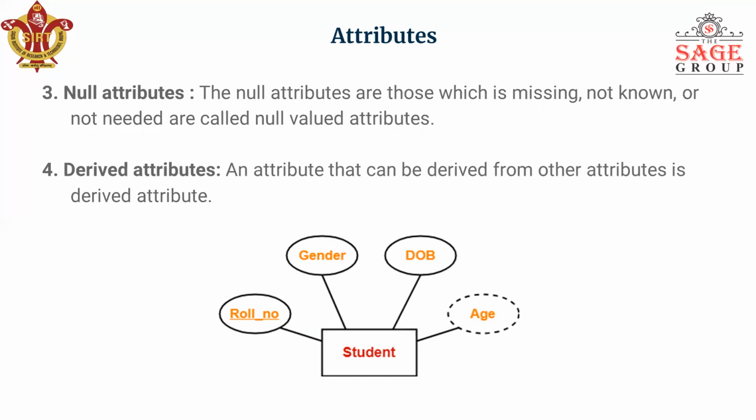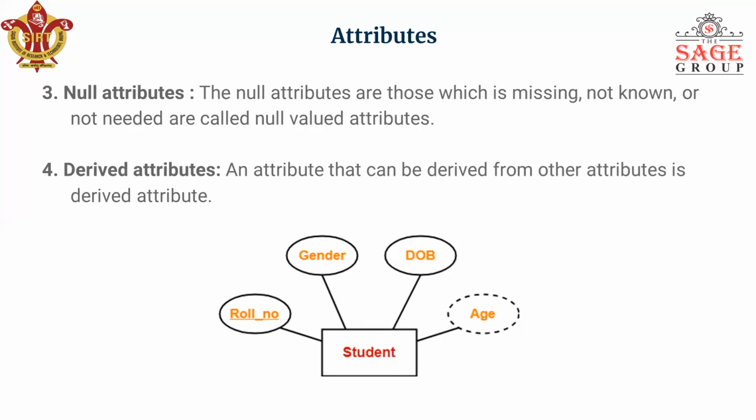For example, in a rectangle block, there is a student, which is an entity, and a student has some attributes like roll number, gender, date of birth, and age. What we have seen is that age is represented by a dash line.